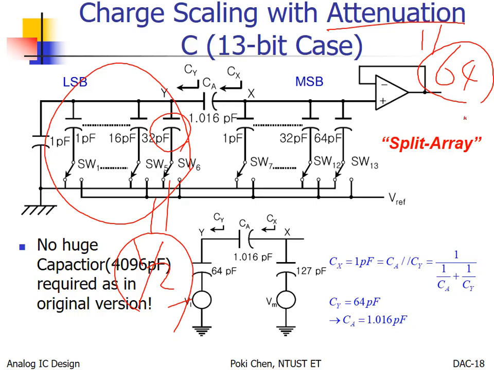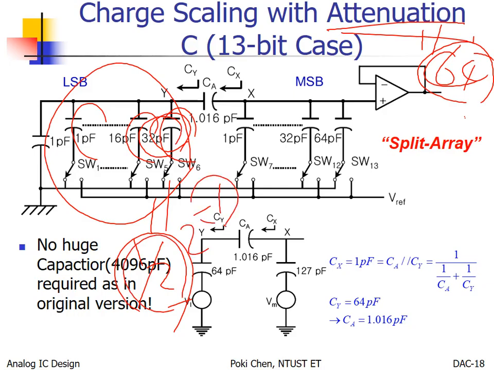But how to make such kind of attenuation? Later I will show. So if the attenuation is 64, congratulations! Because all those will be divided by 64. So 32 divided by 64, you get 2 to the minus 1 power.